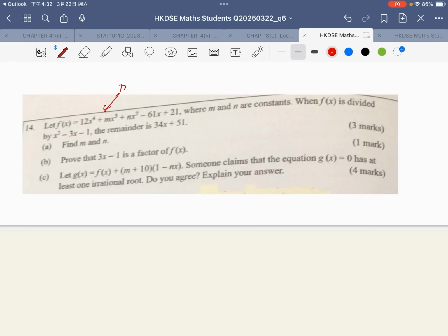Okay, this polynomial is degree 4 and the divisor is degree 2. Therefore, the quotient should be degree 2.